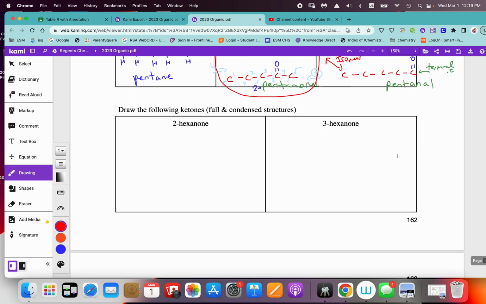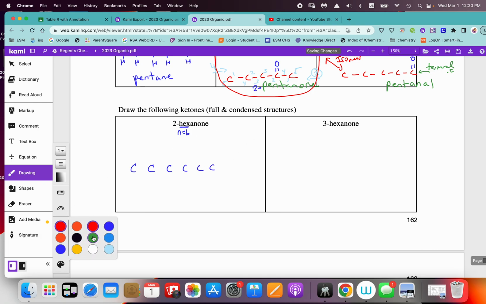So now let's just translate one of these names into a structure. So here we go. We have 2-hexanone. Always start first by finding your table prefix. So hex is on the table, and hex means n equals 6. So I'm going to draw my 6 carbons. 1, 2, 3, 4, 5, 6.